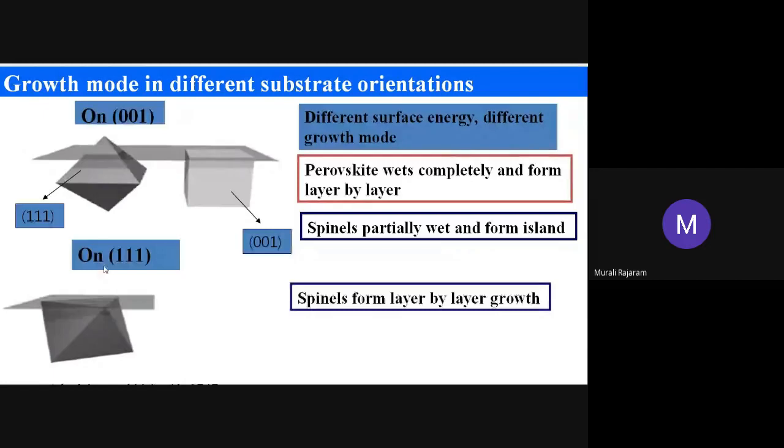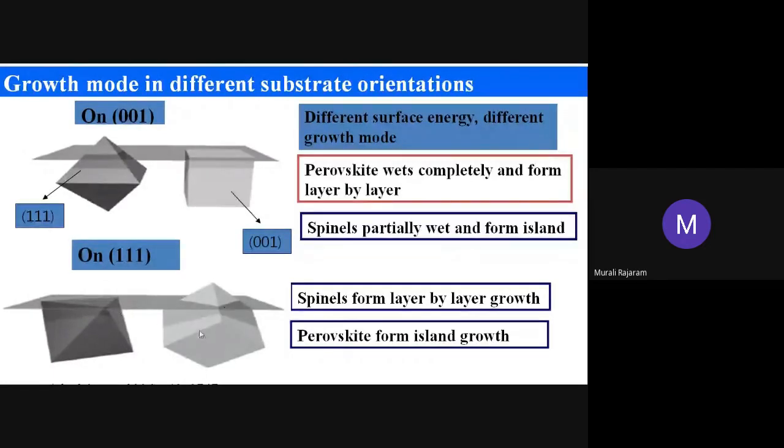That's why your spinel grows as a matrix, and then your perovskite wets partially and grows as islands. That's why this forms nanostructures on a 111 oriented substrate.